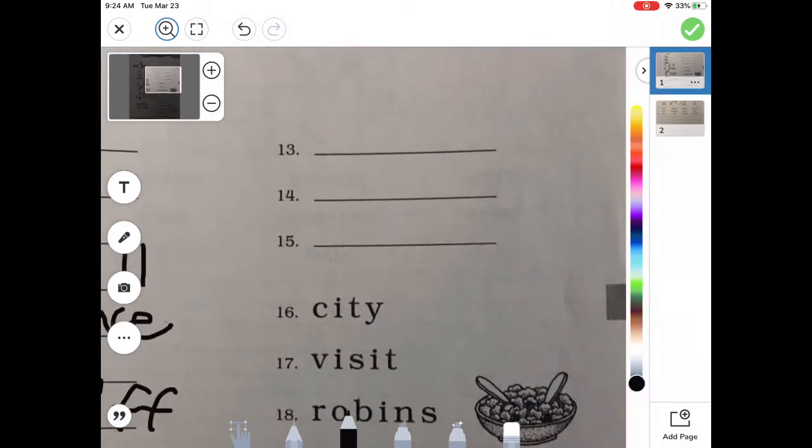All right, on number 13, we're going to try to spell "ever." Ever. So what do you hear? E, very good. And then V, very good. And then the sound at the end. For that sound at the end, I need that ER. How about "never"? Well, I just spelled ever, and all I'm doing is adding that N at the end. So I can put N, and put that EVER behind it.